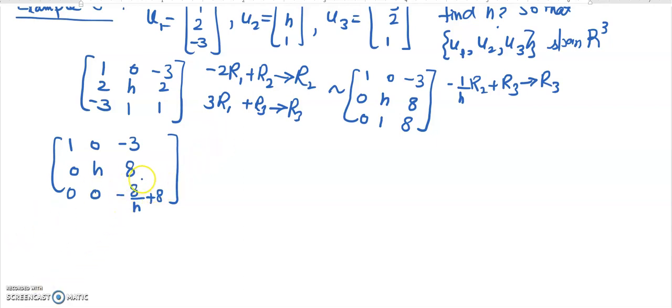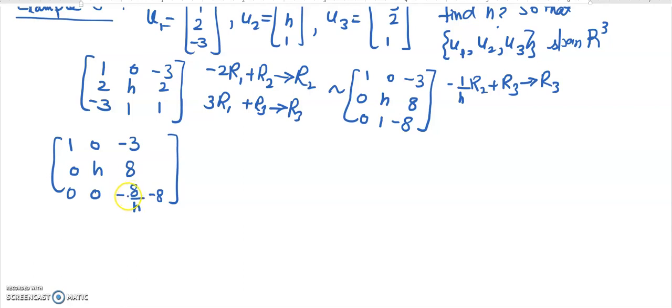Over here we should have minus 8, because 3 times r was minus 9, and minus 9 plus 1 is minus 8. This term will determine the value of h, so now we can focus on this value.